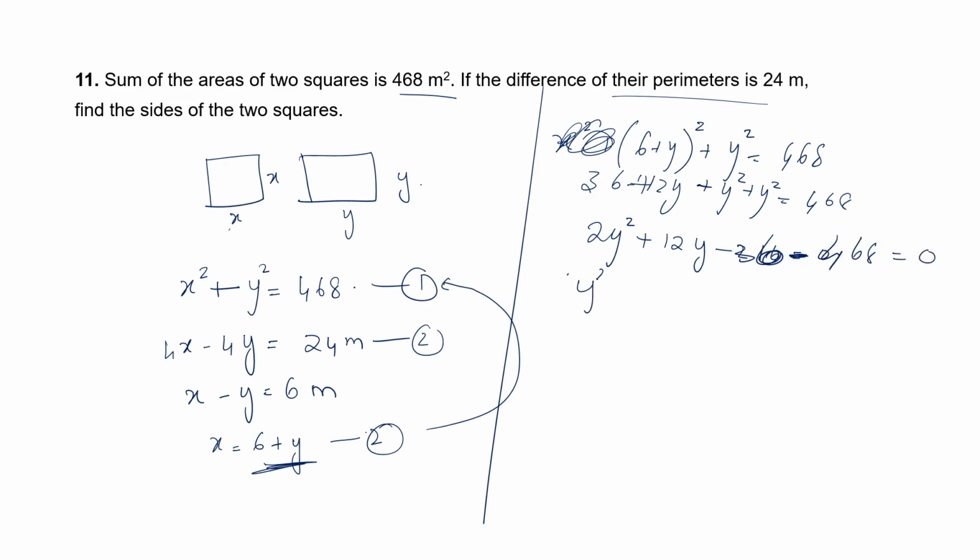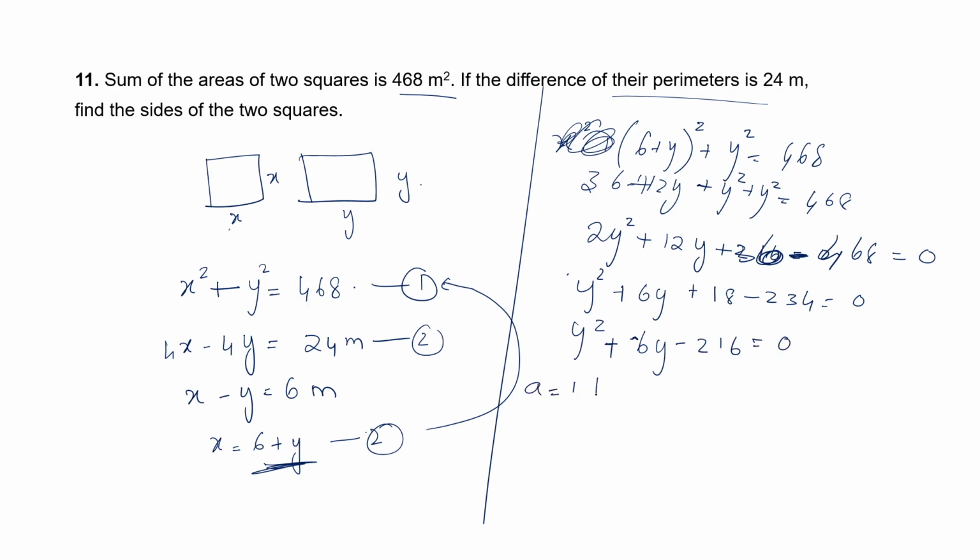So you can cancel by 2: y square plus 6y minus 216 equal to 0.